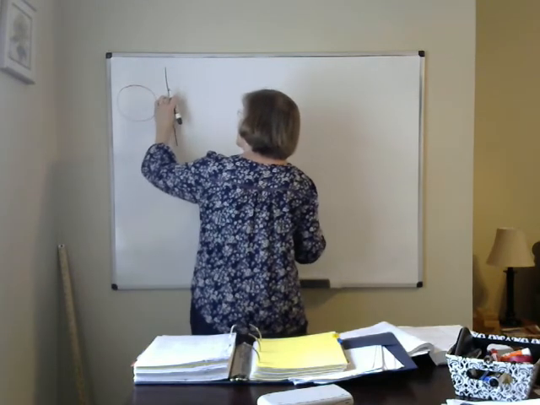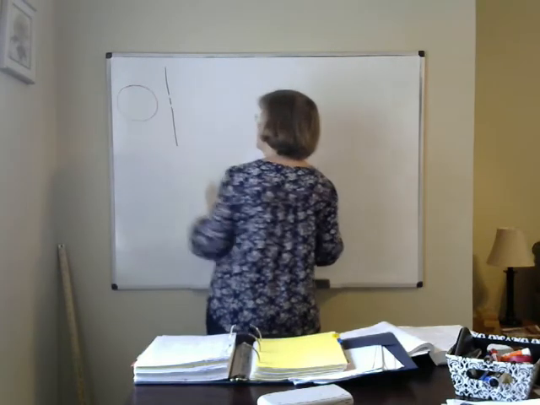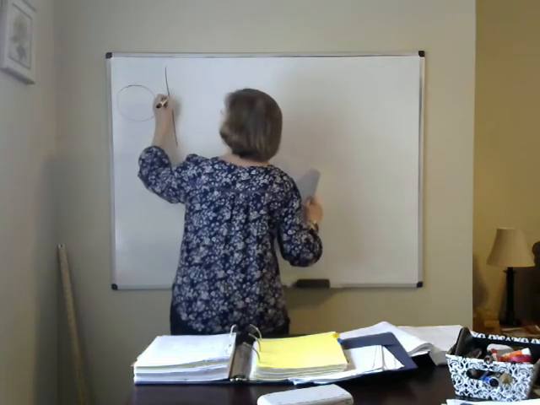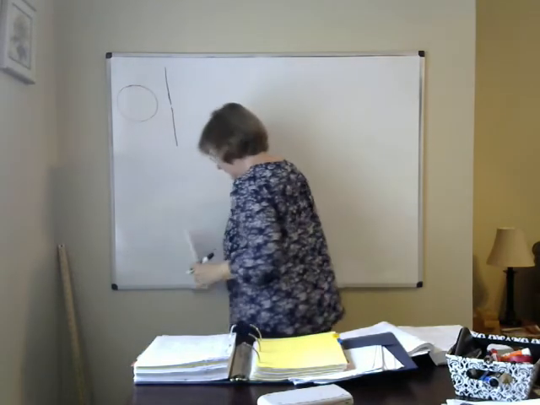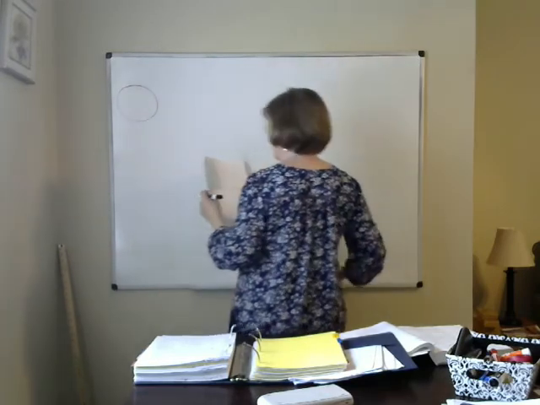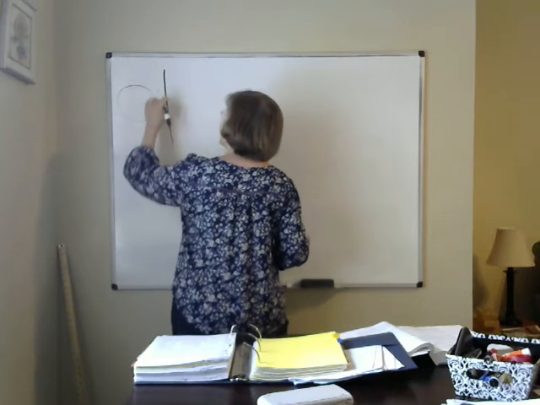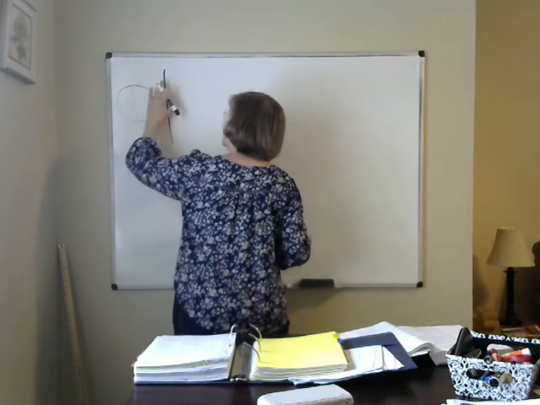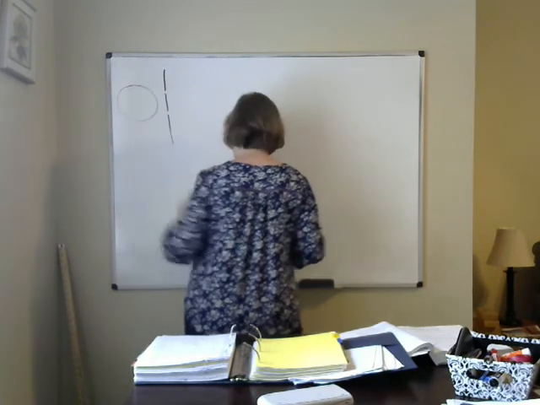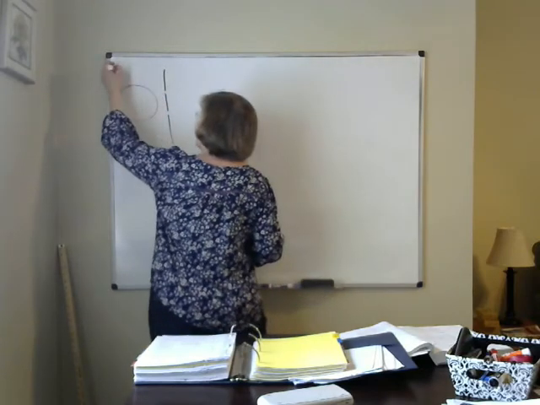But I cut two small slits in that screen. I'll make those slits a little farther apart, just to make it easier to draw. There's a slit. There's a slit. Really important. This is monochromatic light.